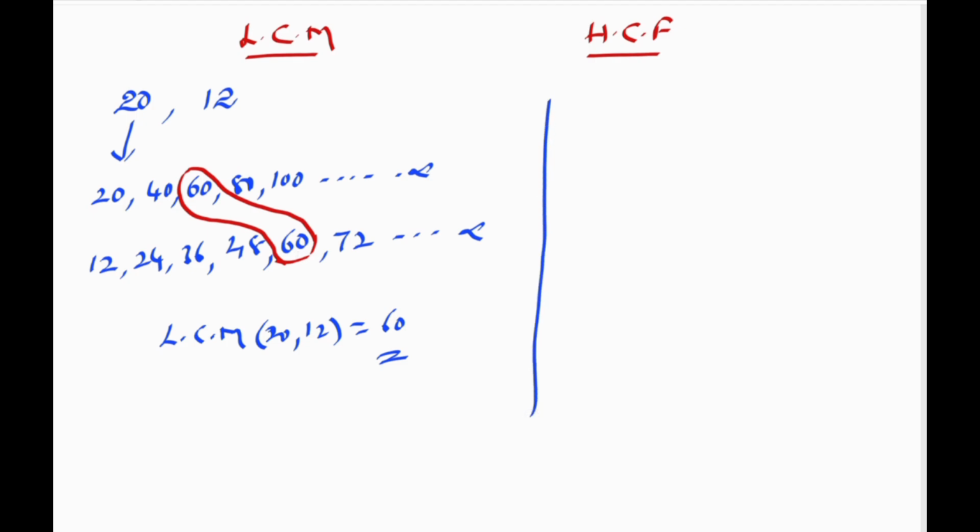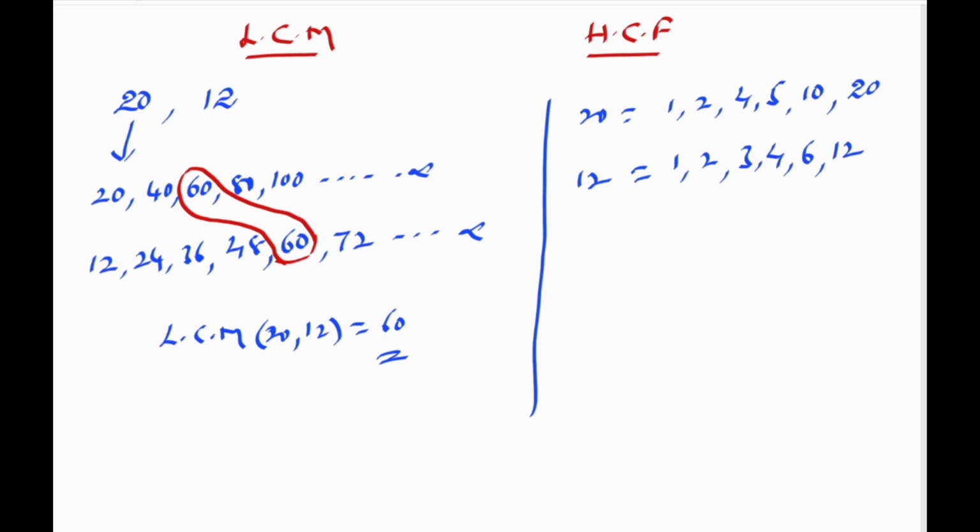Similarly, for the same two numbers, the factors of 20 are 1, 2, 4, 5, 10, 20. For 12, we have 1, 2, 3, 4, 6, 12.